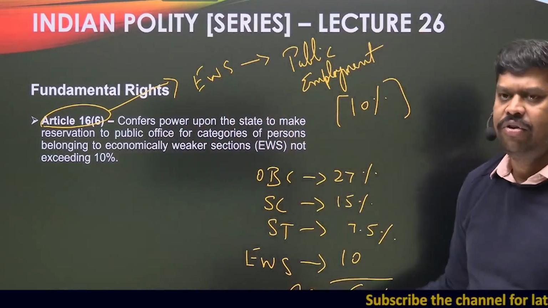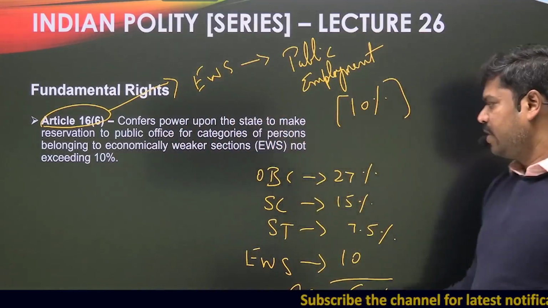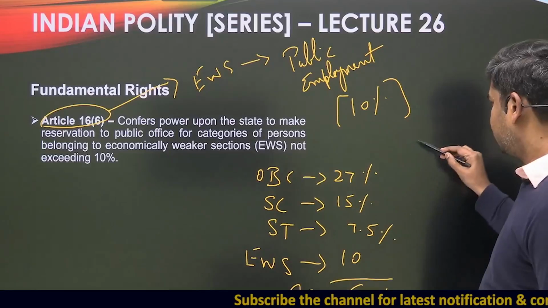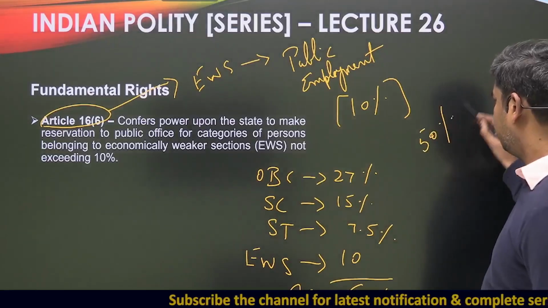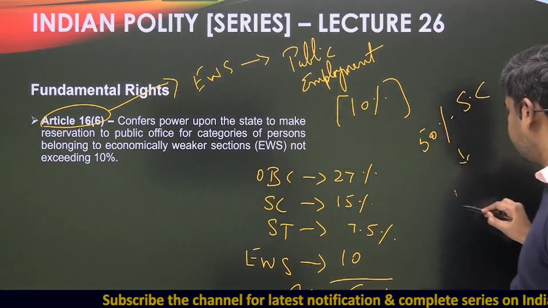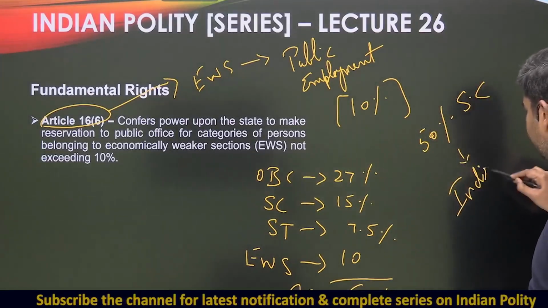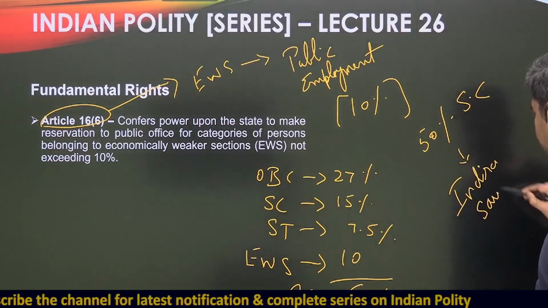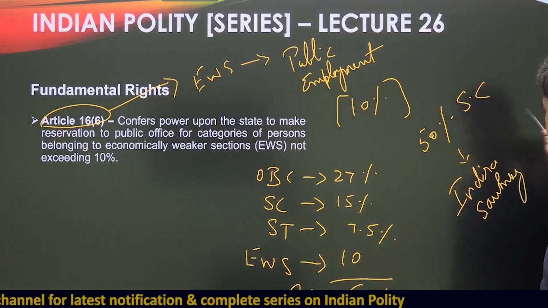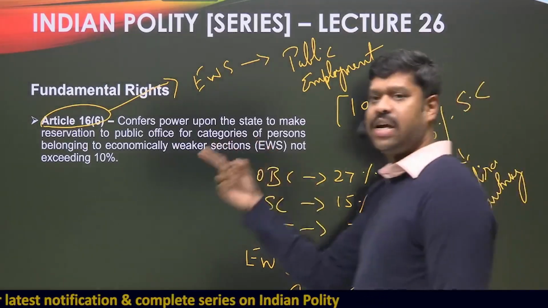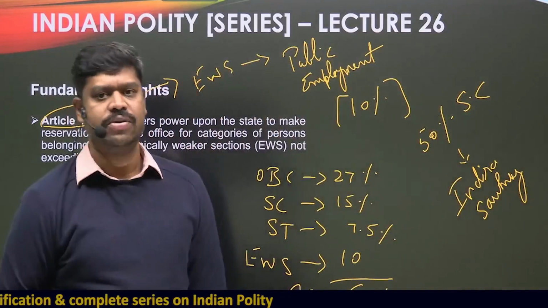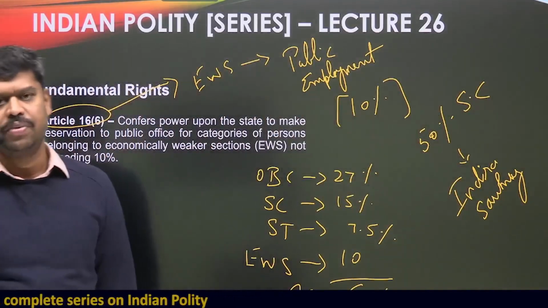I am putting it roughly as 60%. So is the 60% breaching the 50% rule that was set by the Supreme Court in the Indira Sawhney case? Of course, it might seem that yes, it does violate the 50% rule. So this is exactly why the EWS reservation was challenged in the Supreme Court.